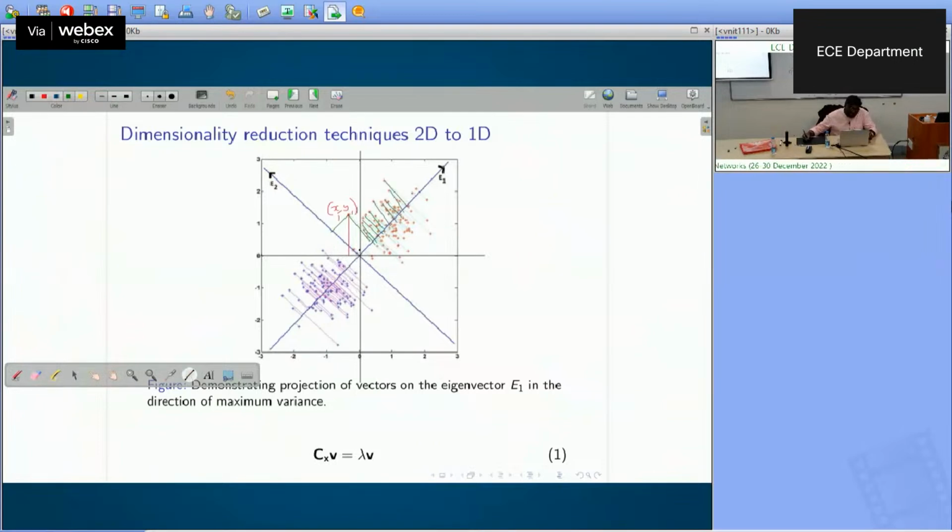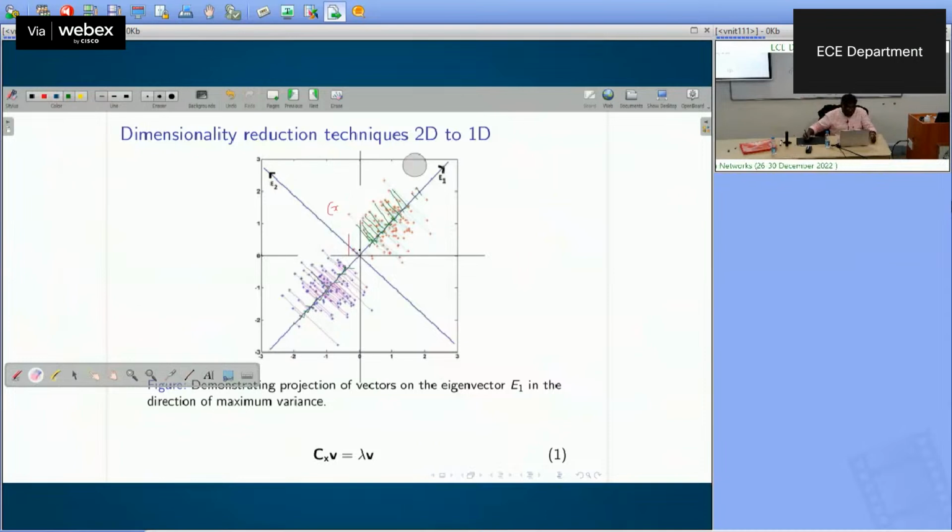It should be a proper perpendicular projection, but just for want of time I'm doing it faster. Those lines are the projections. If I project these points on the vector E1, these are all the projected points on E1.